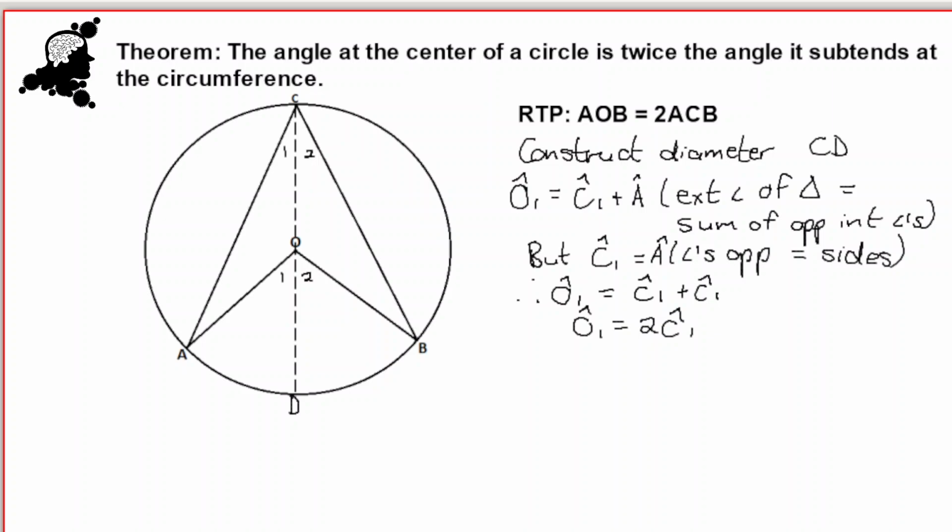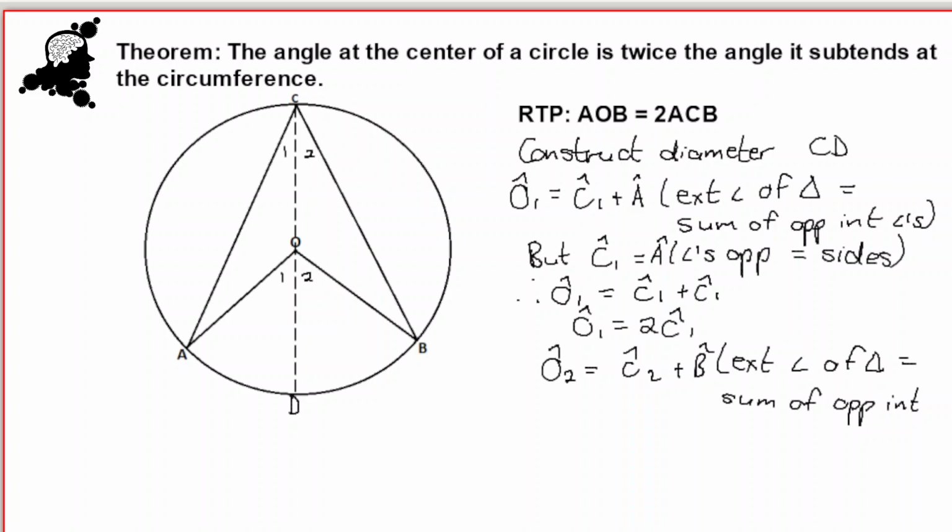When we look at the second triangle, we could see that angle O2 is equal to angle C2 plus angle B, for the same reason: the exterior angle of a triangle is equal to the sum of the opposite interior angles. I hope that this makes sense to you guys.